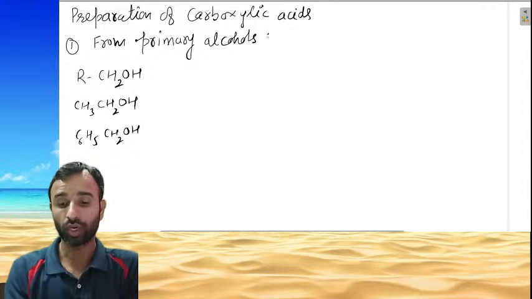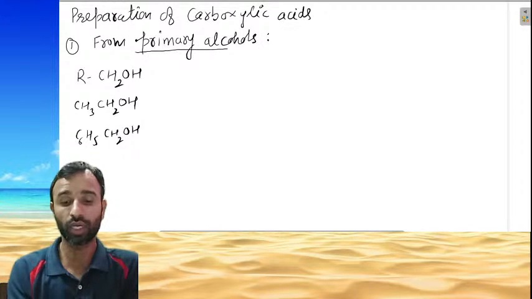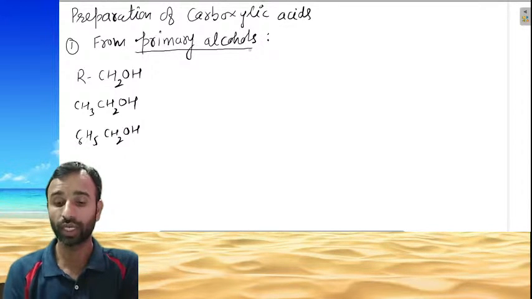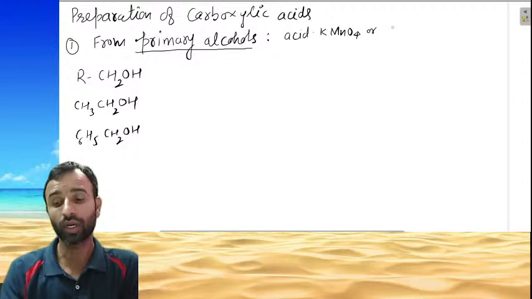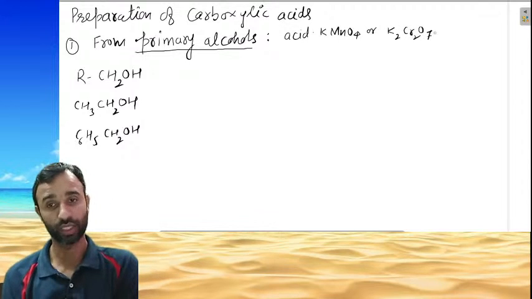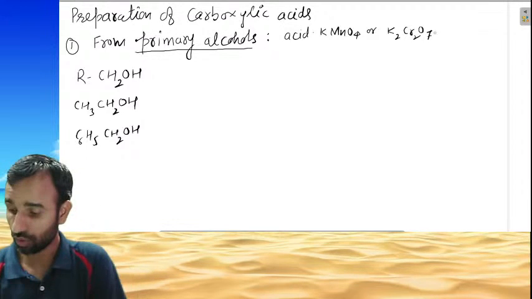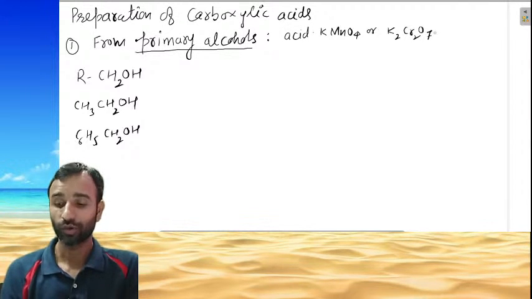So to convert a primary alcohol into a carboxylic acid, we can use acidified KMnO4 or potassium dichromate.